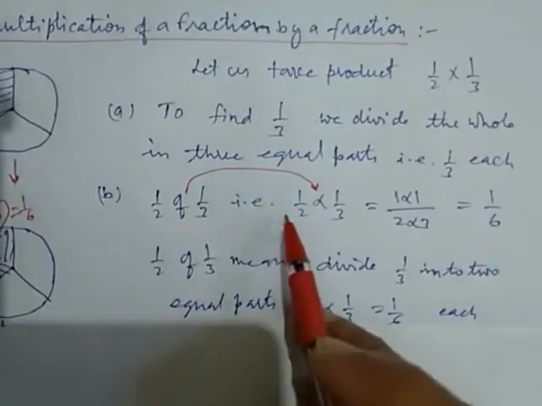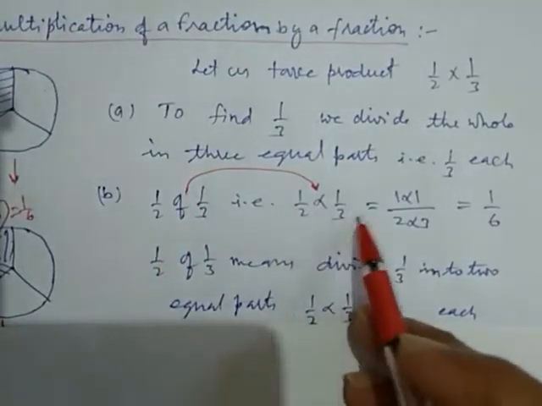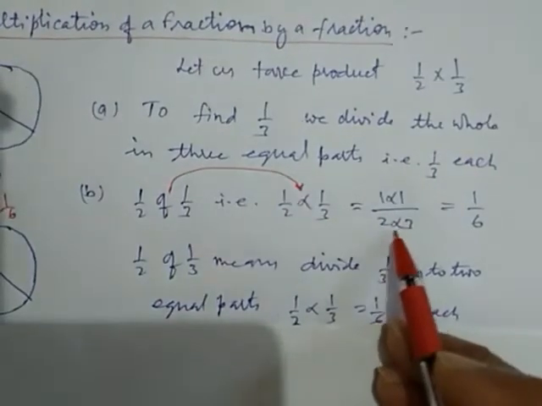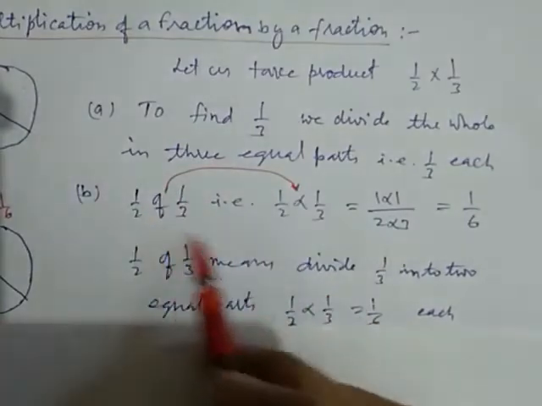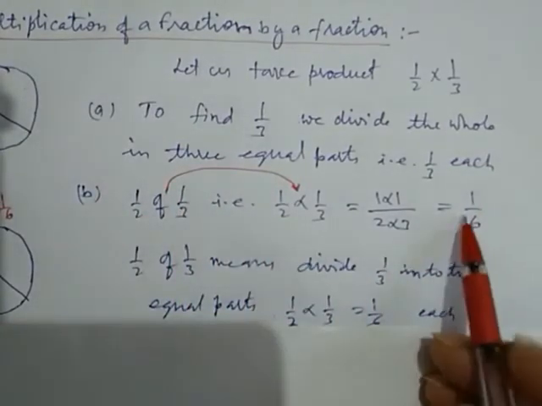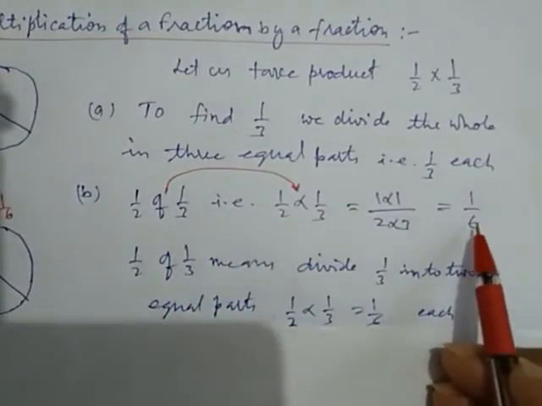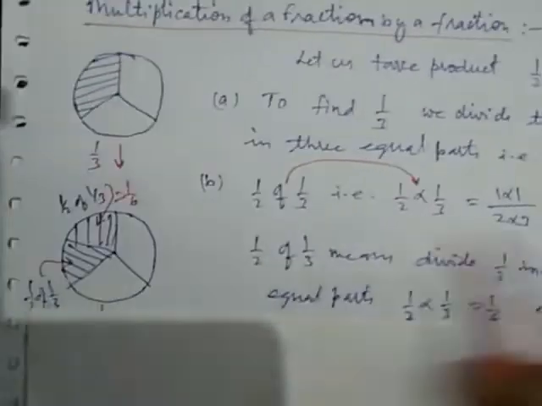Here we clearly see half of 1/3 means 1 by 2 into 1 by 3, means 1 into 1 and 2 into 3, so it becomes 1 by 6. So we clearly understand here half of 1/3 is how much? 1 by 6. And now we explain this with the help of this figure.